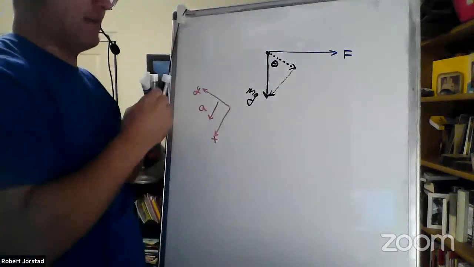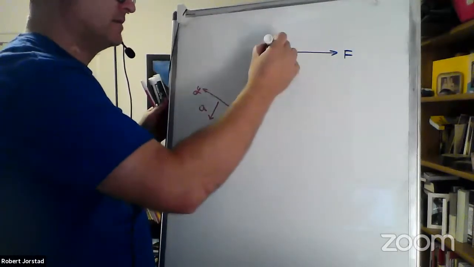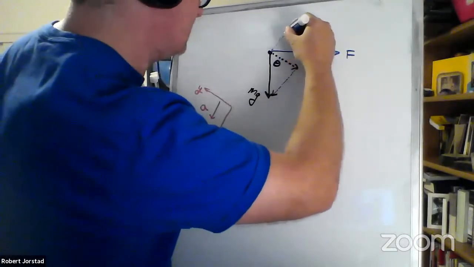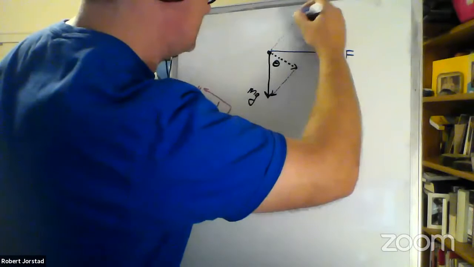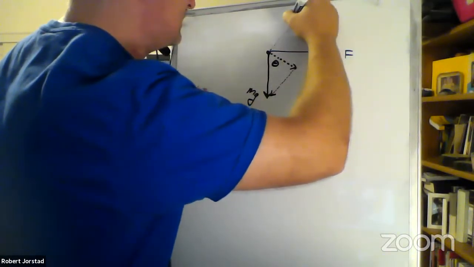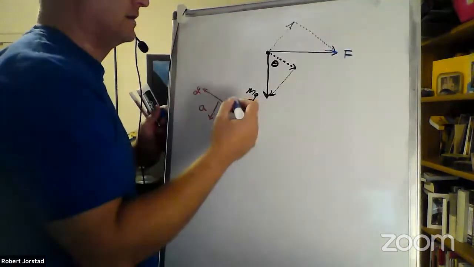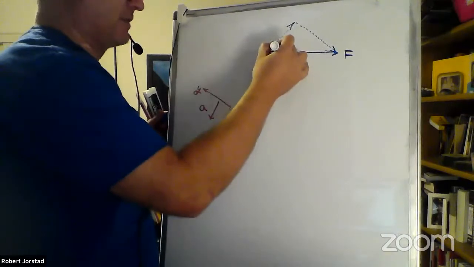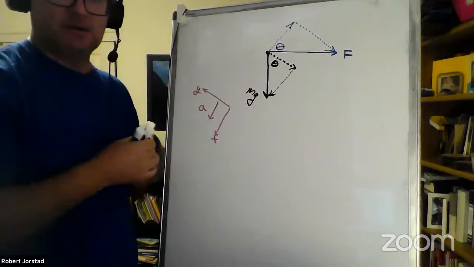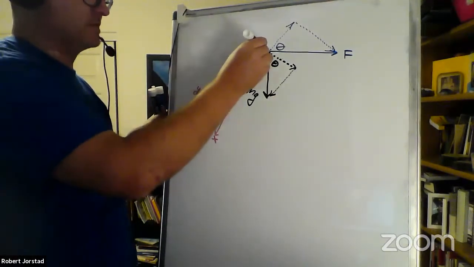There was a force that way, and we said this was also theta right here. Or maybe you use the 90 minus theta, but whatever. I'm just labeling the thetas because that's what worked out. And then the normal force was supposed to be this way.